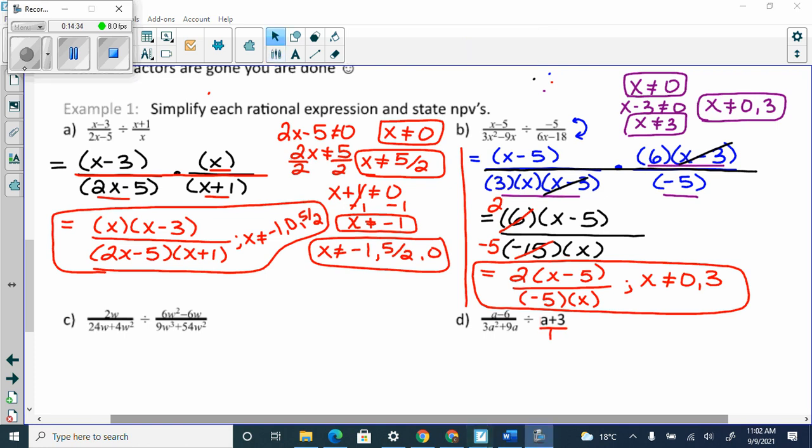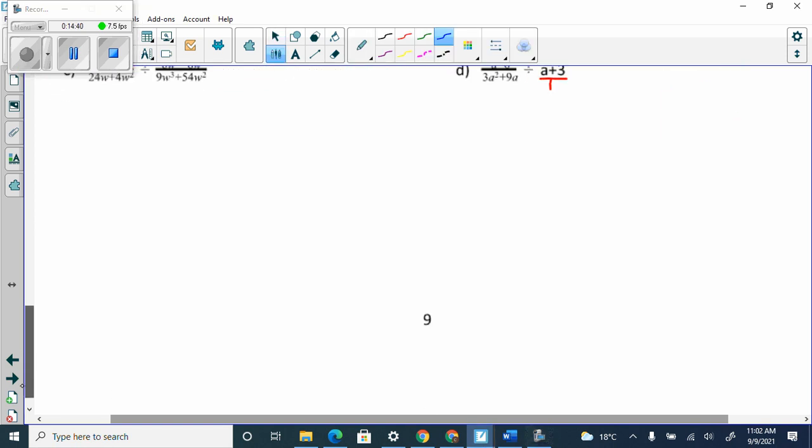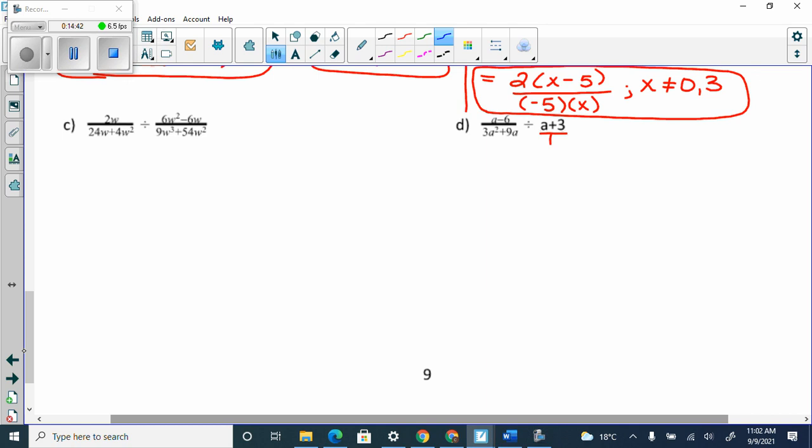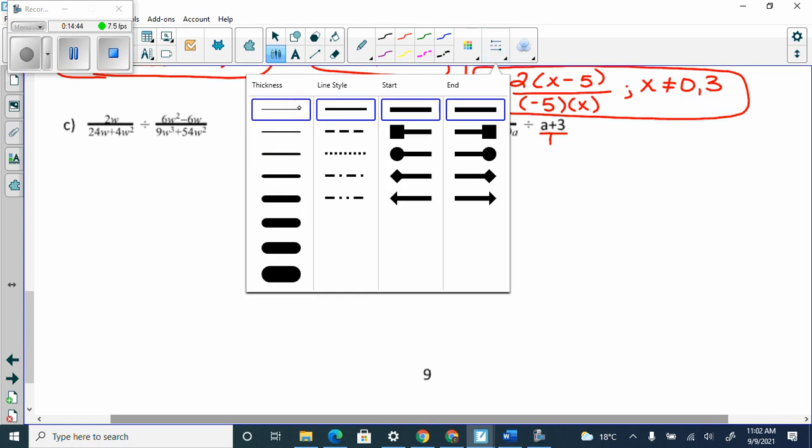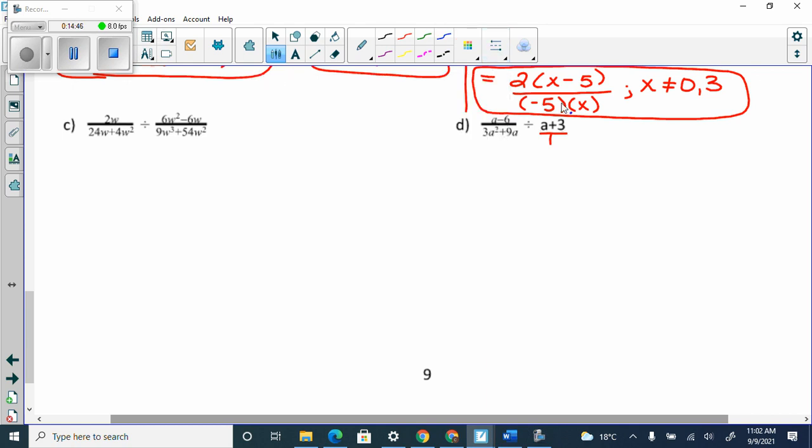Okay, you're doing C and D. Try them out. So, C, oops, I got a little aggressive with that scrolling. So C, the top is a 2W. Can I take anything out of that? No, so I'm just going to write 2 and W in their own brackets because it's a monomial. There's no signs attaching it.